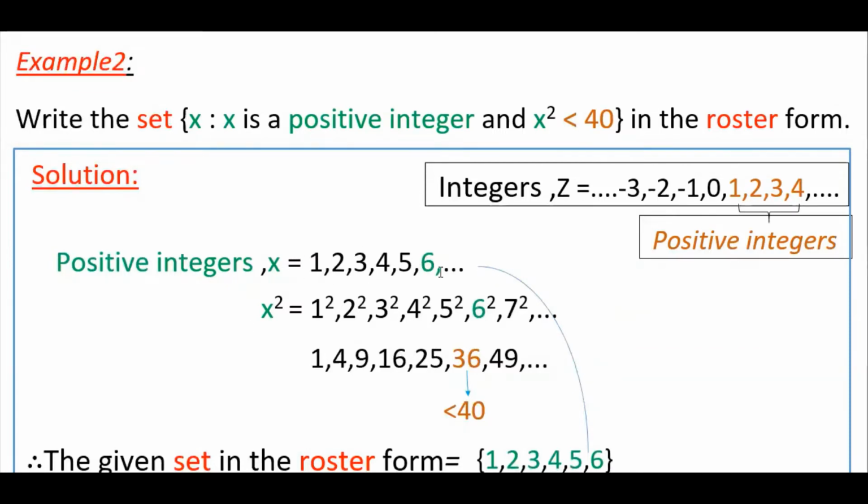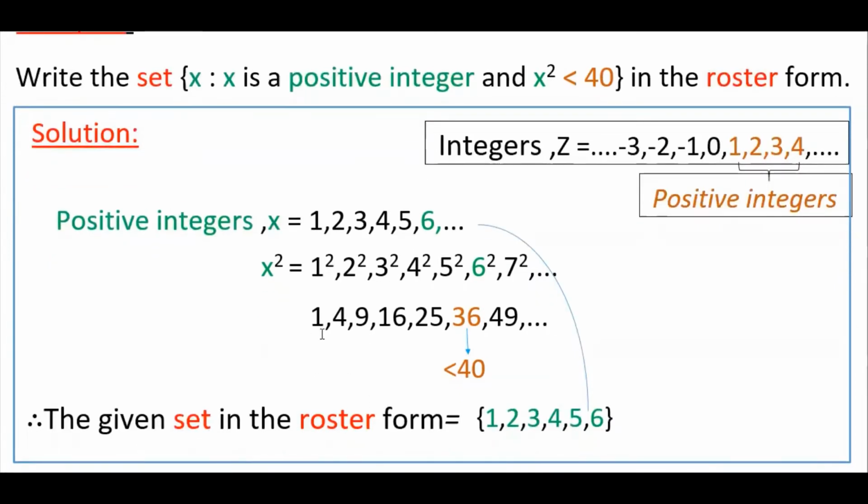If you square these positive integers, x square is equal to 1 square, 2 square, 3 square like this. So if you square these numbers, you will get 1, 4, 9, 16, 25, 36 and 49. Here x square is less than 40. So 36 is the number that is less than 40. 49 is greater than 40. So you have to stop up to 36.